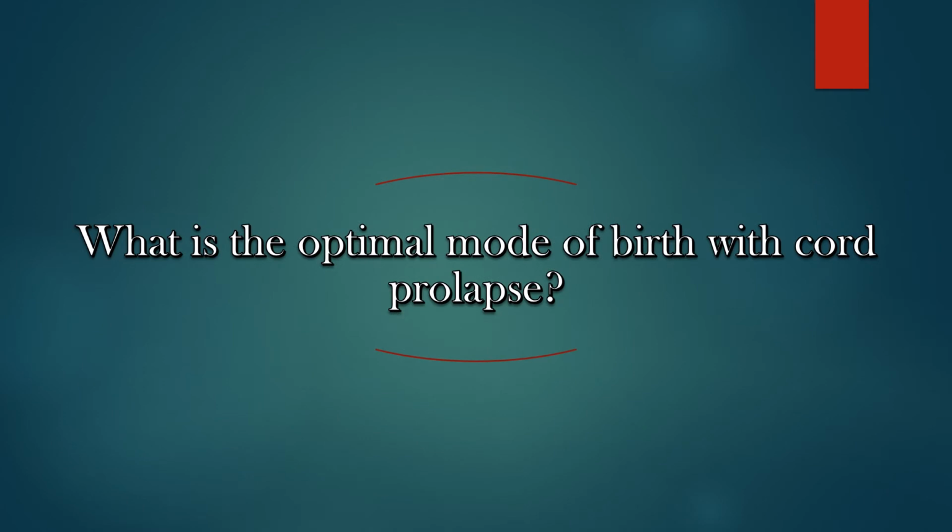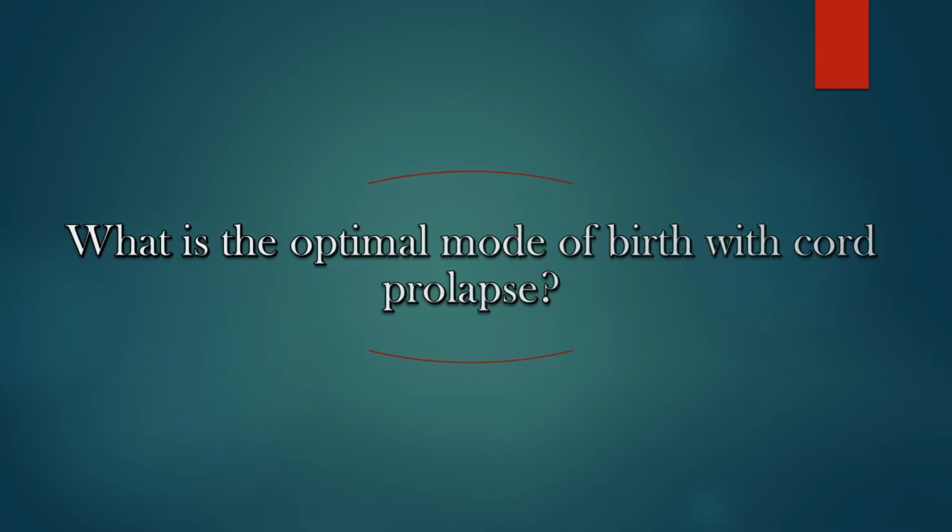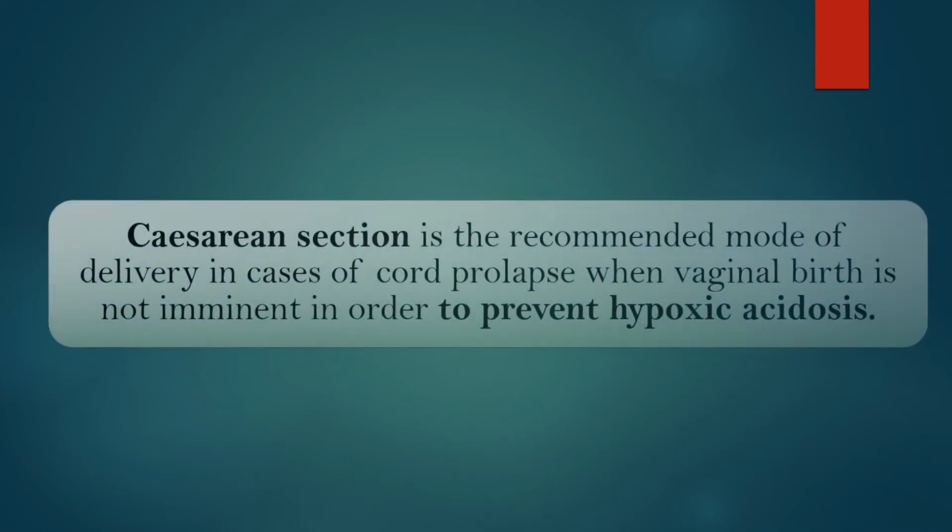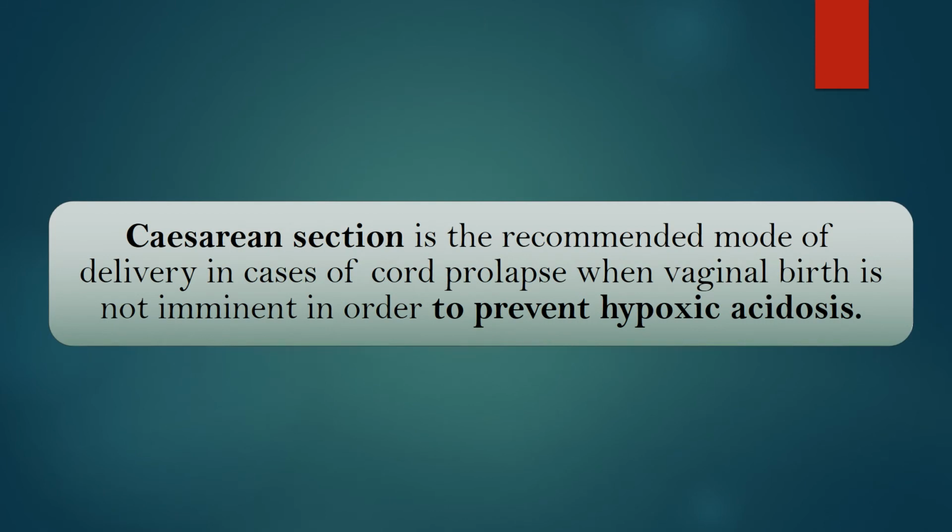What is the optimal mode of birth with cord prolapse? Cesarean section is a recommended mode of delivery in cases of cord prolapse when vaginal birth is not imminent in order to prevent hypoxic acidosis.